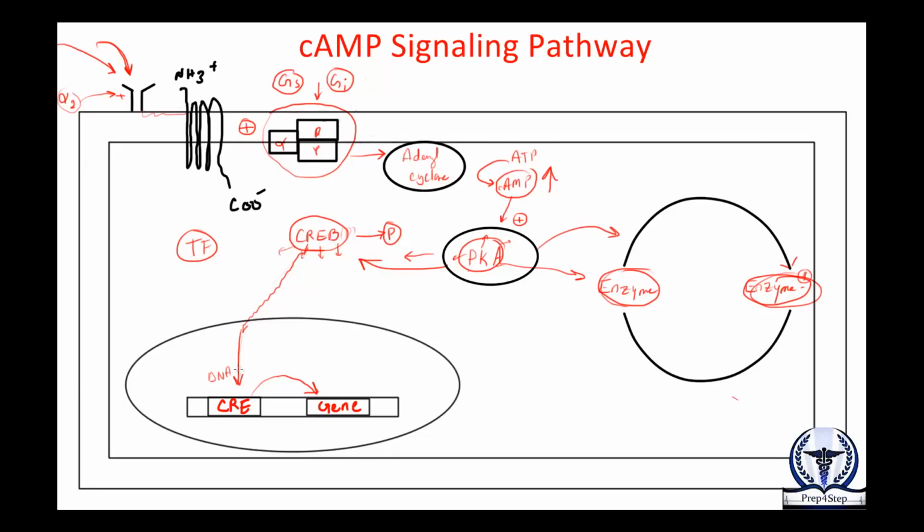This CREB diffuses across into the nucleus, binds to this CRE, or cAMP response element, which is a portion or promoter on the DNA. Once this is activated, it's going to start promoting the transcription of a particular sequence or a particular gene. And then you get the result, which would be some kind of protein or some kind of enzyme.